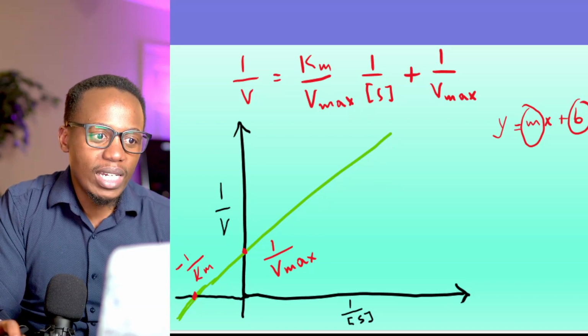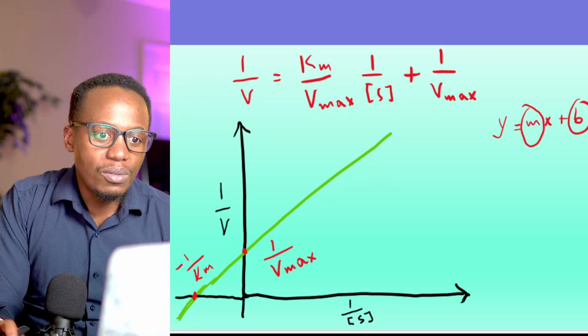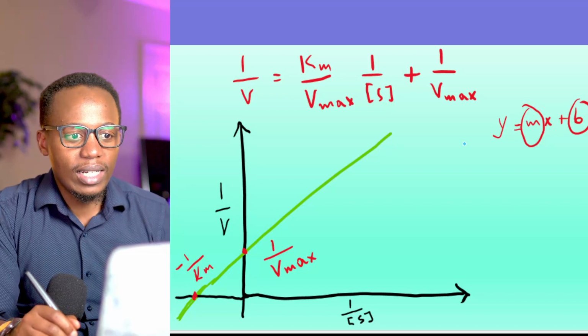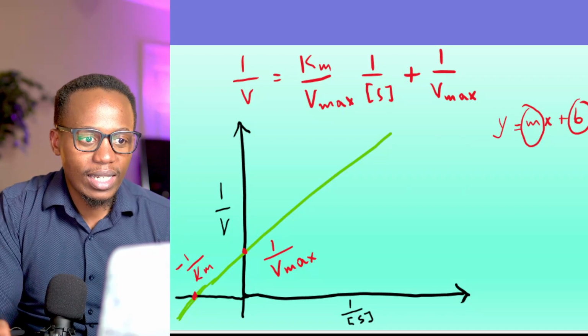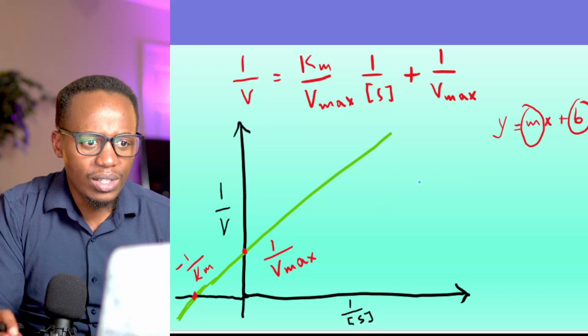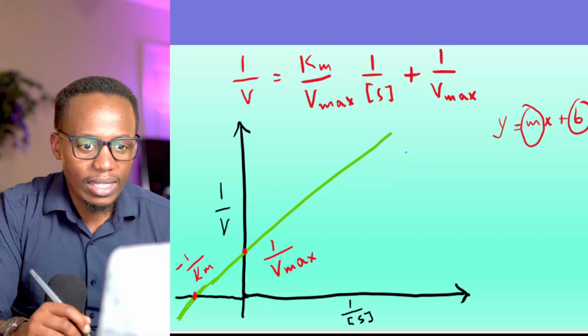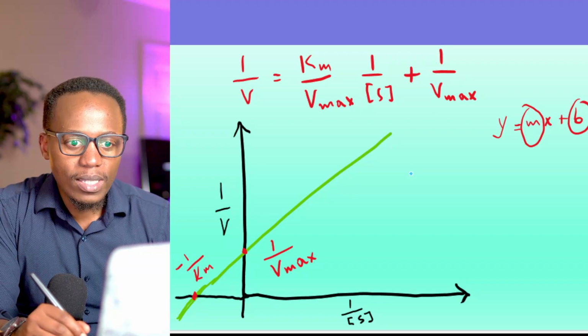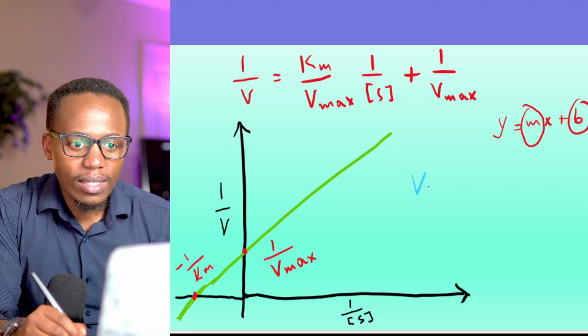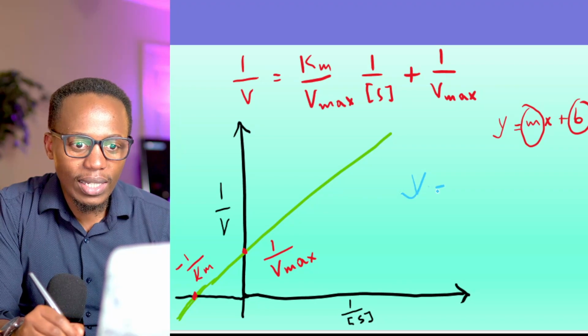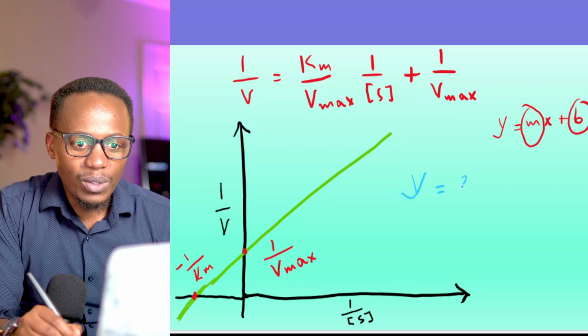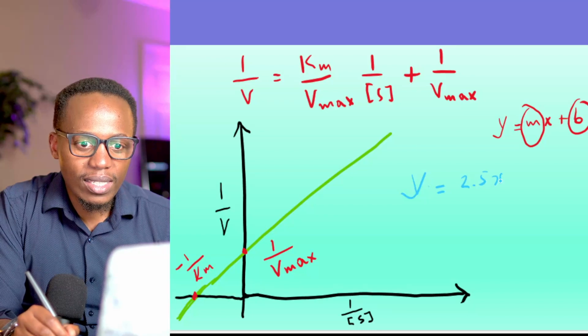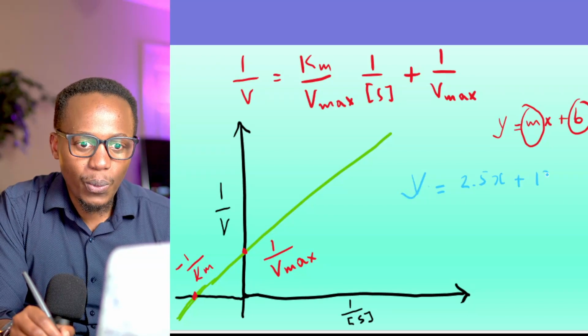So remember, in Excel you can plot this and then just get an equation for your line. So Excel is going to give you, like, y is equal to 2.5x plus 12.